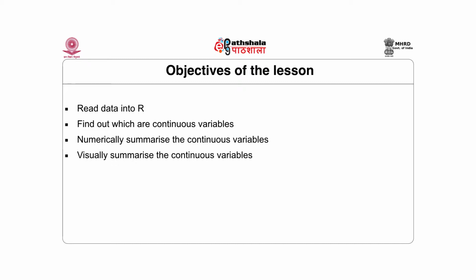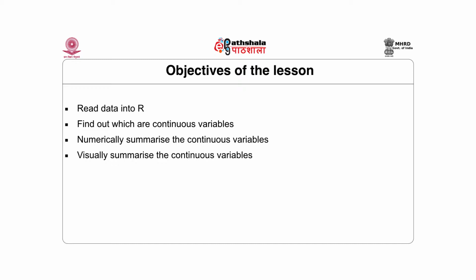Okay, so setting the objectives that we would like to cover here, it's best accomplished if we could read a data set into R and then find out which variables are continuous variables, where the type of that variable is double.